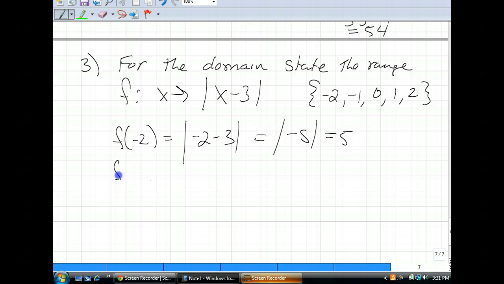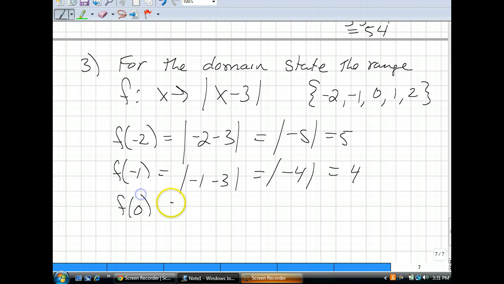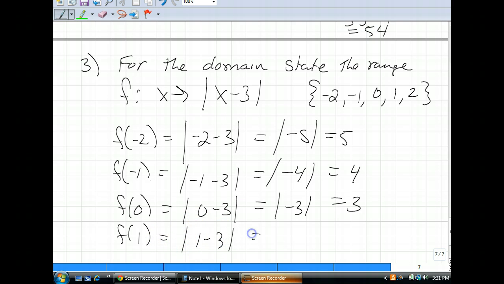If I put -1 in for x, which gives me 4. If I put 0 in for x, gives me 3. If I put 1 in for x, gives me 2.